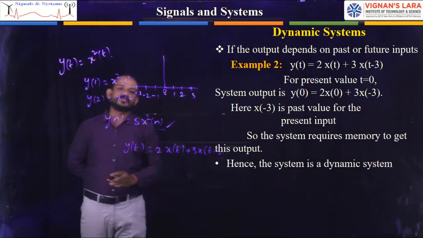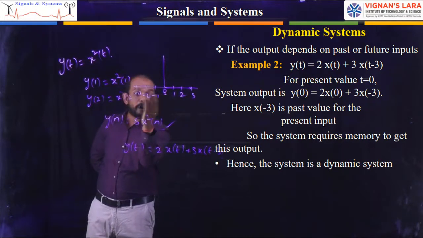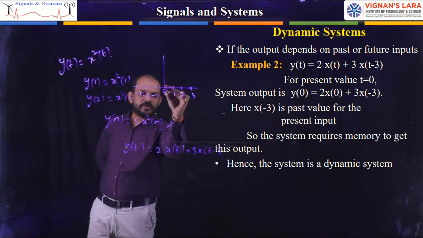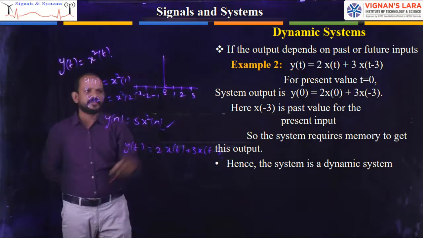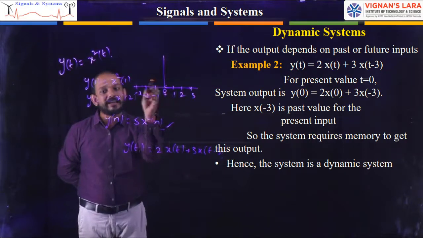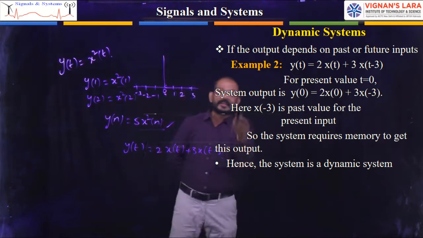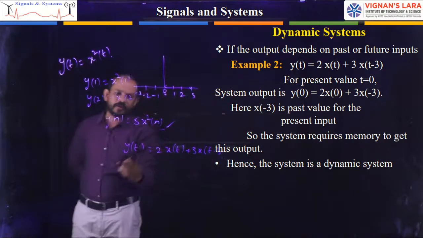Here the output depends on present input and past input, because 0 is present, so minus 3 is past. So the output depends on the past input also, hence it is called a dynamic system.